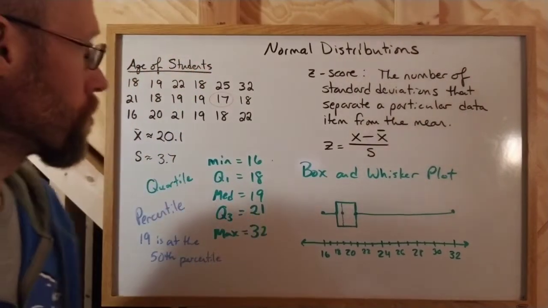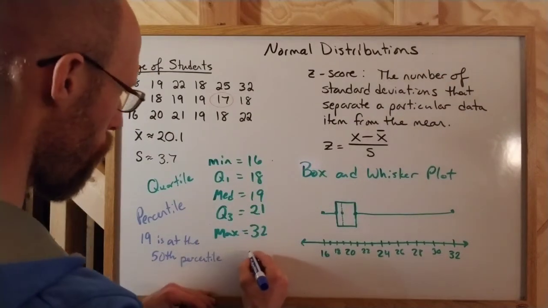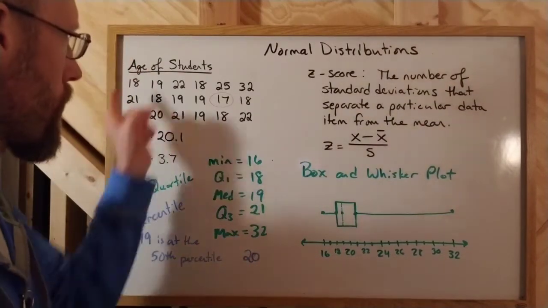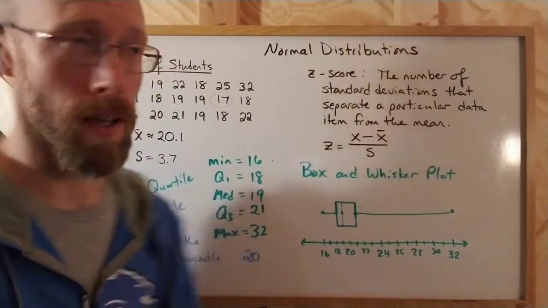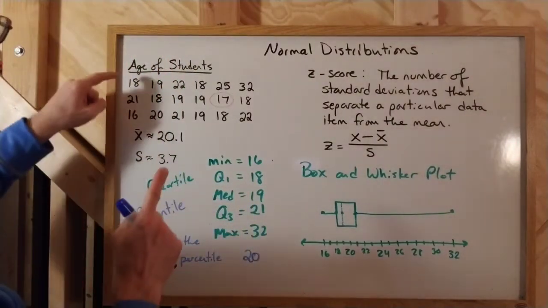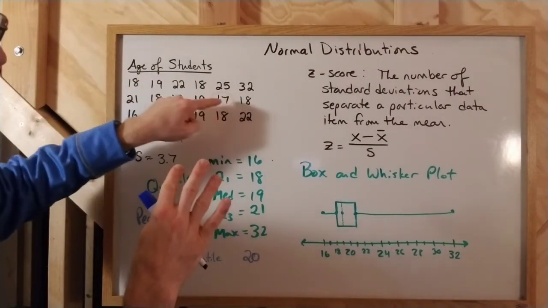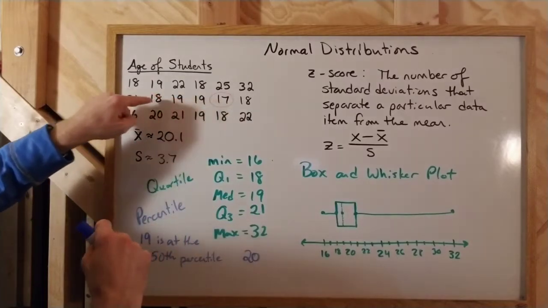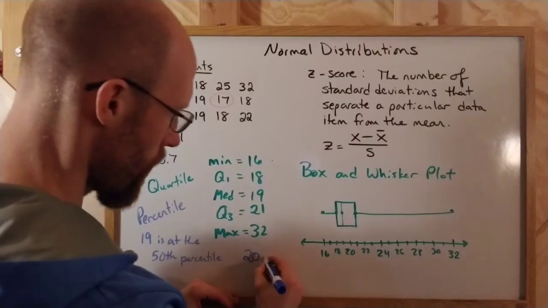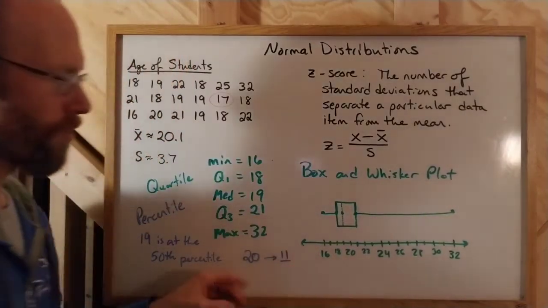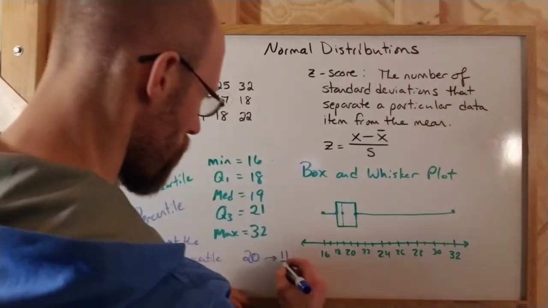Say you were looking for the percentile for the number 20. You just take the number of data items that fall before 20, which would be, let's see, 1, 2, 3, 4, 5, 6, 7, 8, 9, 10, 11. So there's 11 items that fall before 20, and there are 18 items total.